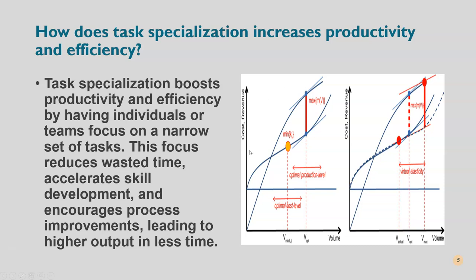So on the y-axis, we have cost and revenue, and then we have volume. Obviously, if you're in business, you want to maximize this. And when you look at the different levels, you want to get to that optimal level. Now, here's the question: how do you get to this optimal level? You hire good employees, you train them in their areas, and they specialize in something and do it well so they can produce it well.